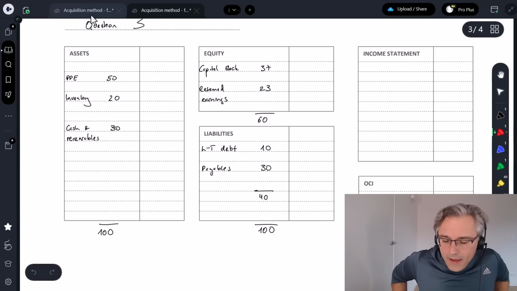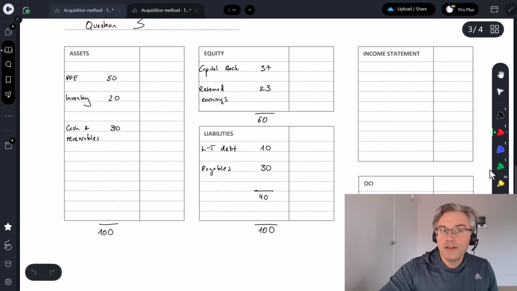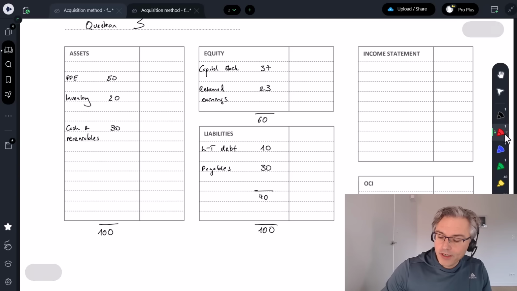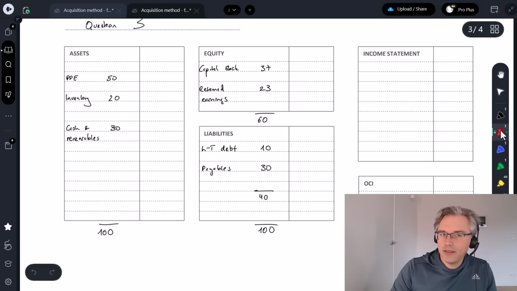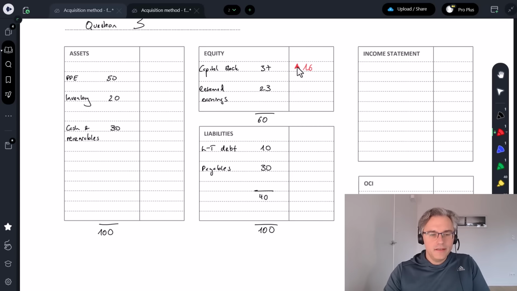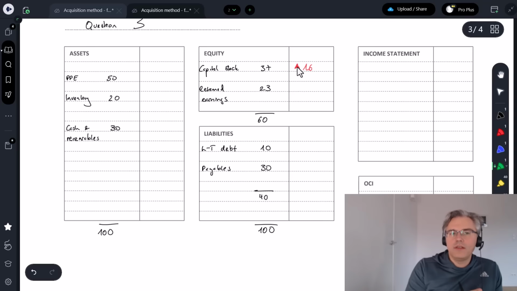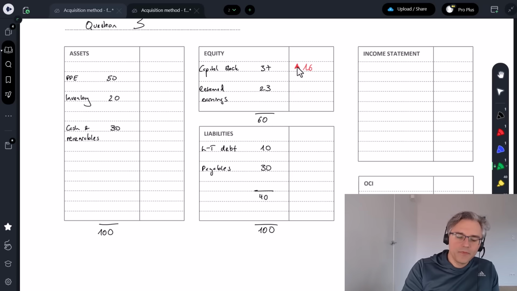So, one consequence, although that is not the critical one, is that we're not paying in cash, we're issuing shares, and these shares are estimated to be worth 16 million. So our capital, that's capital of the investor, increases by 16 million. There's not going to be a cash outflow. And now we need to consolidate the new subsidiary.